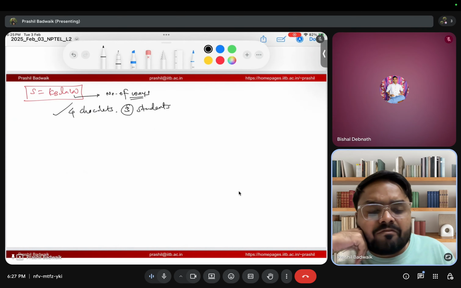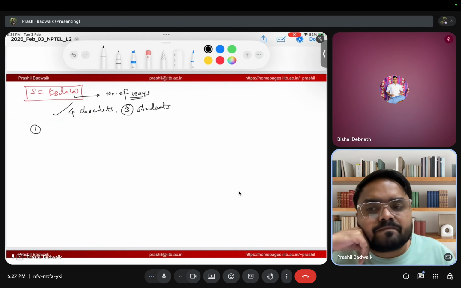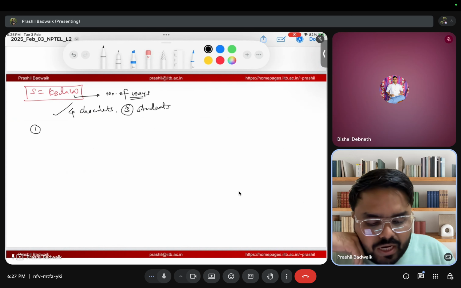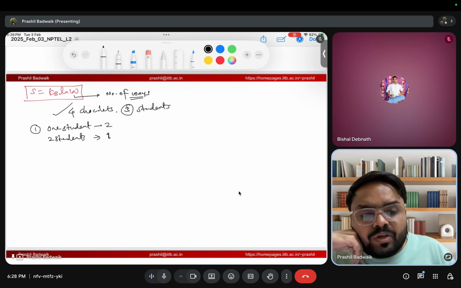So what are the different ways in which I can distribute? For example, if I want one student to get two chocolates and the remaining will be distributed 1 1, so two students will get one chocolate each.